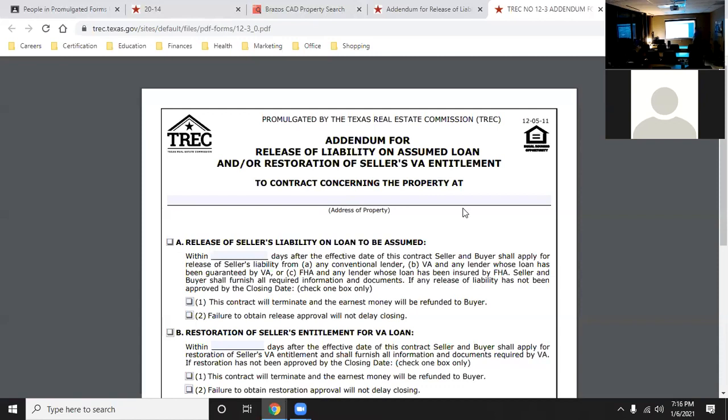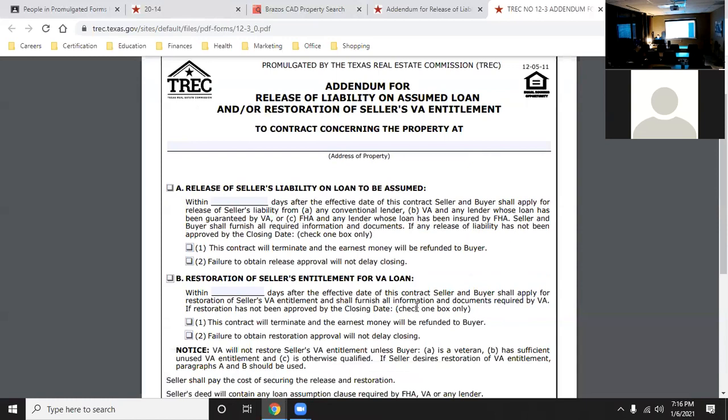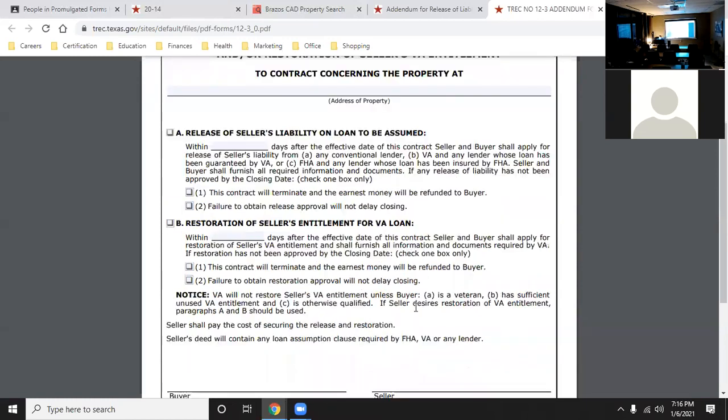Okay? So what happens is if they need to release their seller's liability on the loan to be assumed, then they would complete box one. If they're trying to release their liability to someone else. Okay? If they are restoring their entitlement for the VA loan, they would check box B. So if one is being assumed, or if one is ending up being a restoration, you're going to check it.